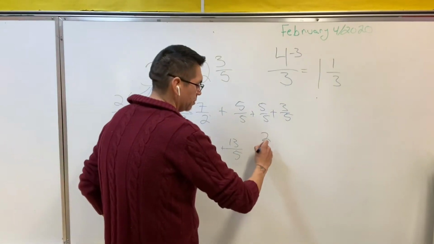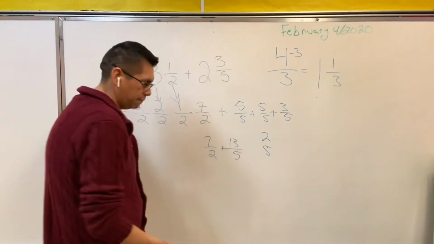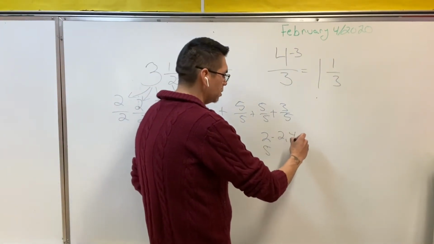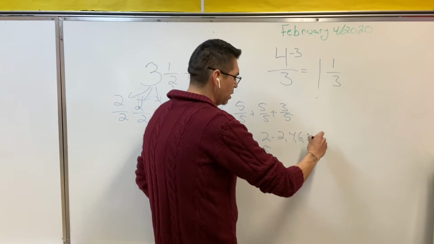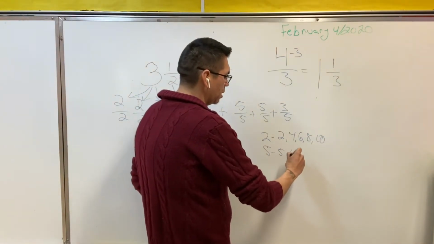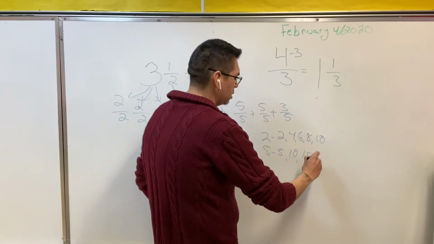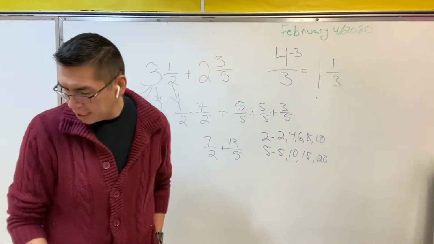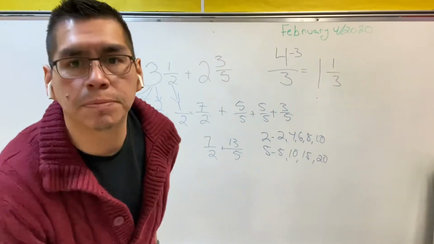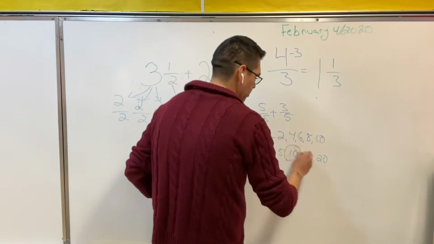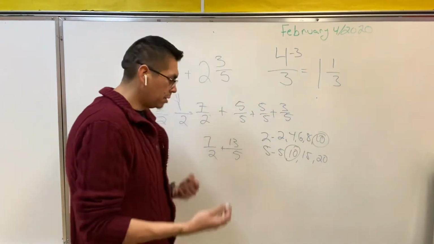So 2 and 5, right? What are the multiples of 2? Well, 2, 4, 6, 8, 10. What are multiples of 5? 5, 10, 15, 20. We have our common multiple. In this case, our common multiple is 10.